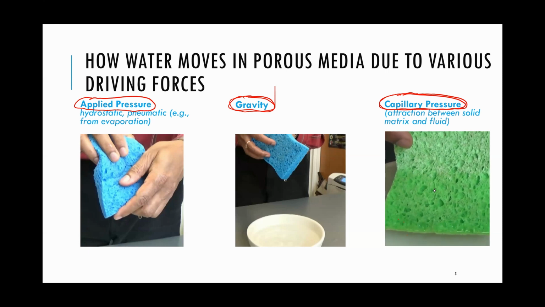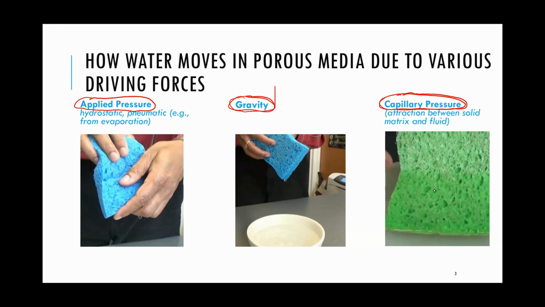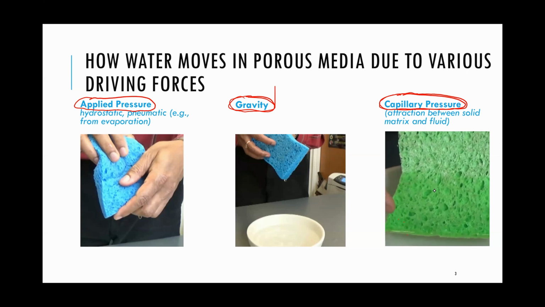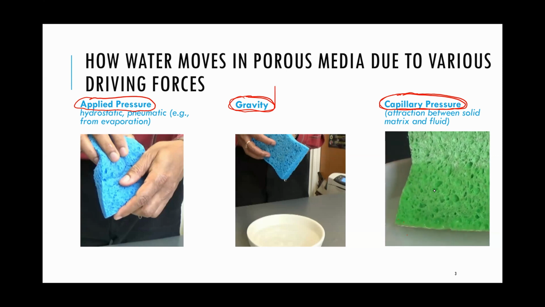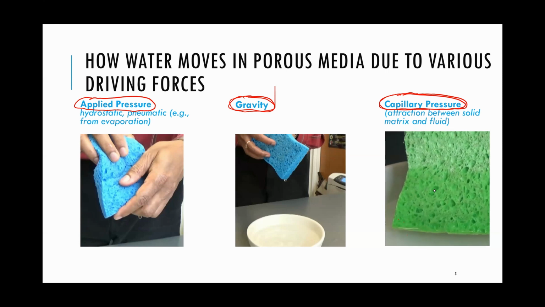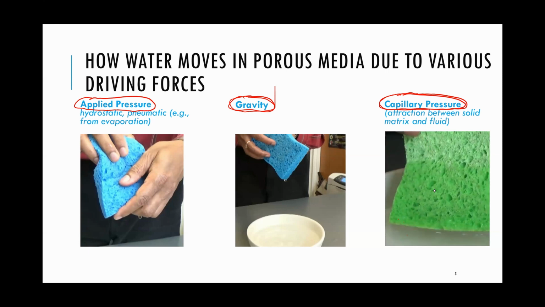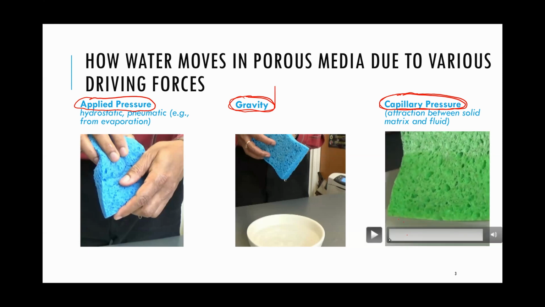And so this one is because of the attractive forces, and capillarity is one of the attractive forces. So this one is a negative force that's causing flow of water into the sponge. So these different driving forces contribute to the flow of liquid in porous media.